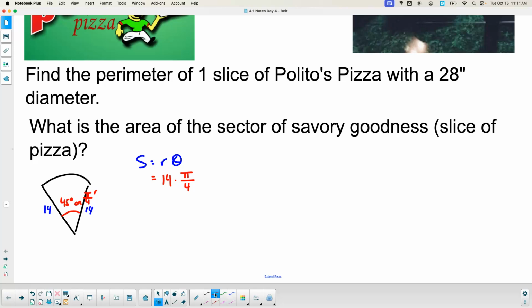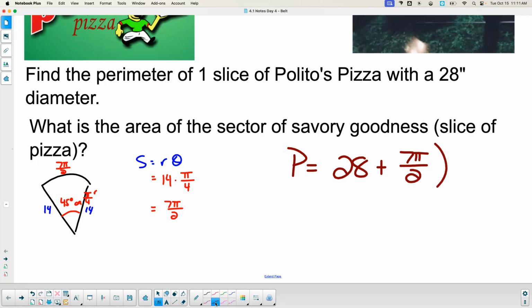So that gives me, my arc length there is 7 pi over 2 inches. So my perimeter is that, agreed.